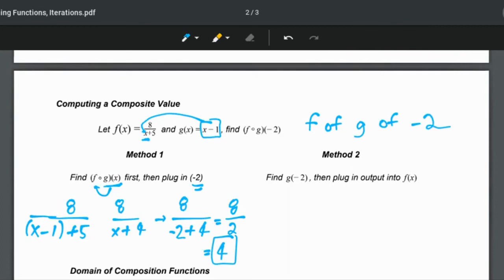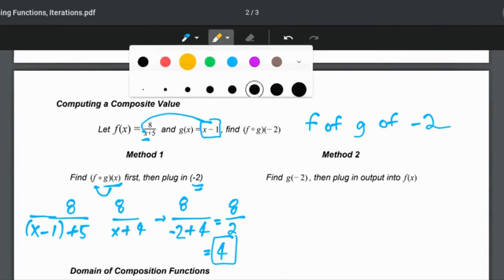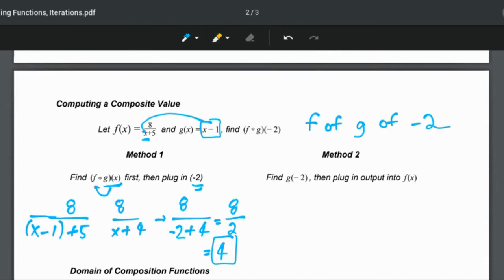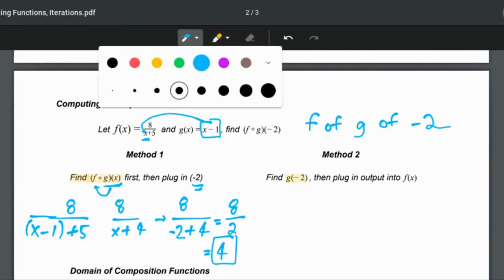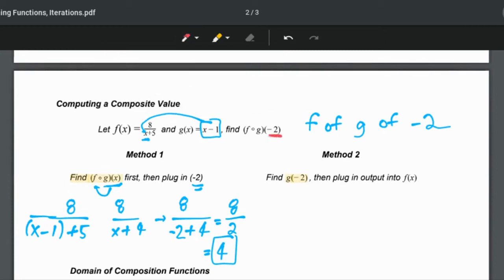All right, but now we're going to do it another way. Instead of doing the f of g of x substitution first, they want you to now find g of negative 2. So really reading right to left, start all the way to the right with the negative 2. What is g of negative 2?